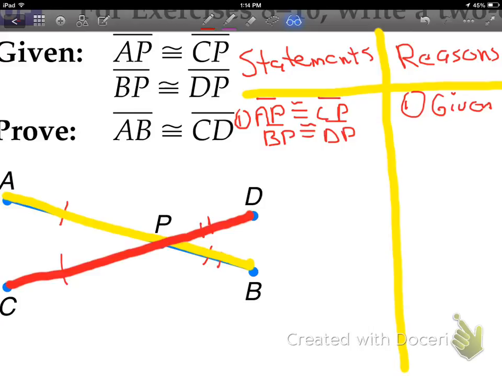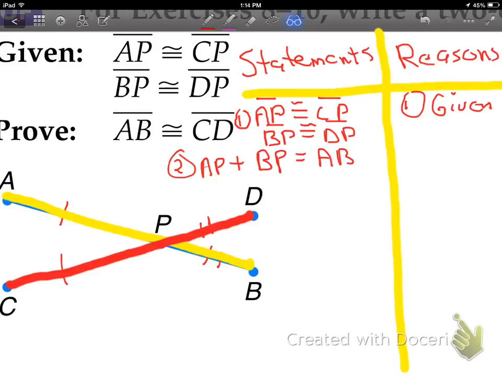What we're going to do, it's a segment proof. We have very little to work with. We're going to try to work that segment addition postulate in here to get us started. And for the yellow segment, AB, it would say that AP plus BP equals AB.